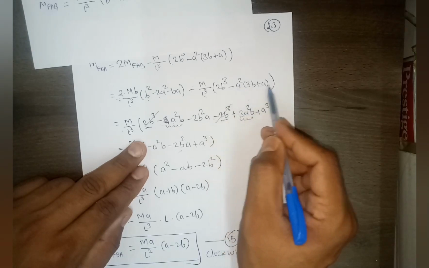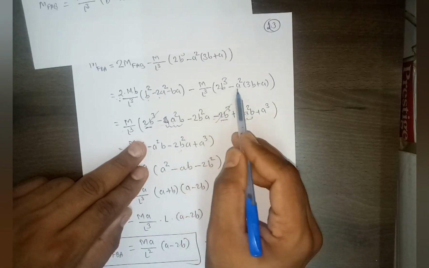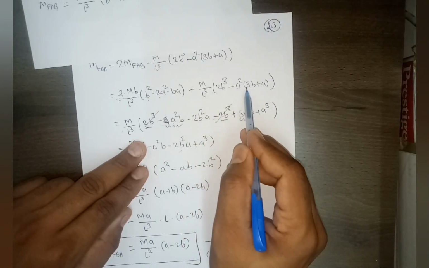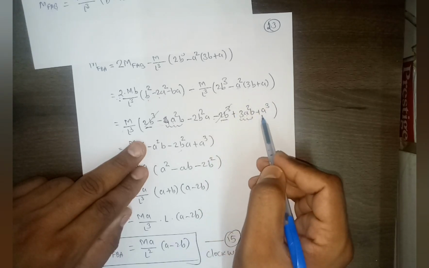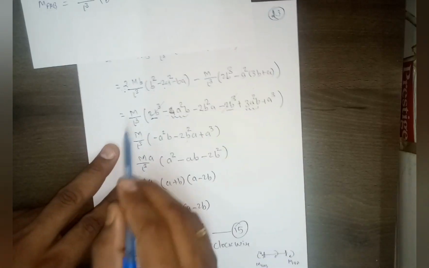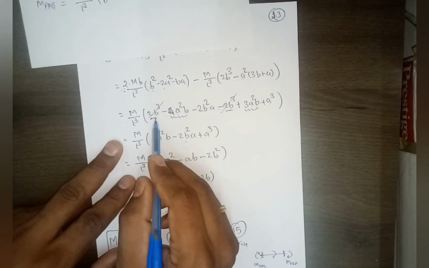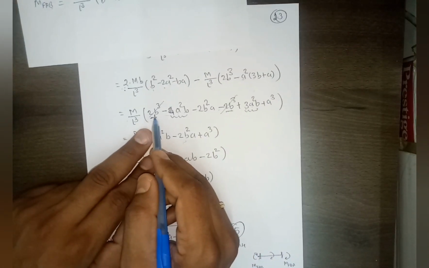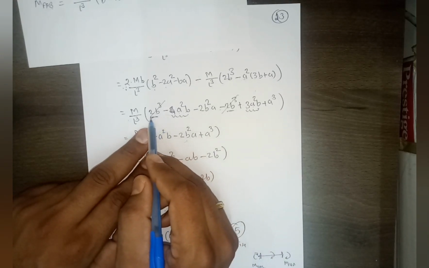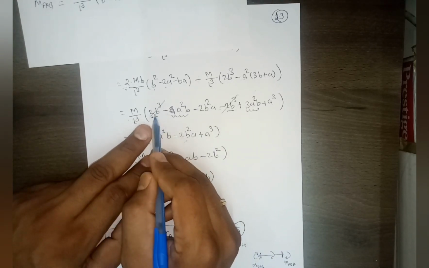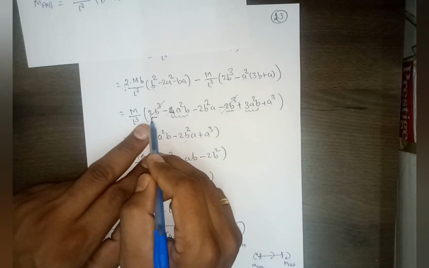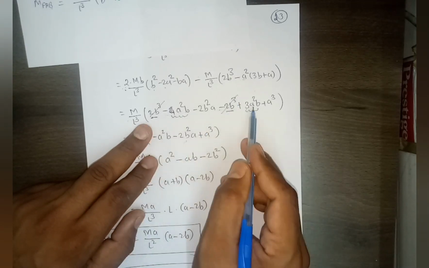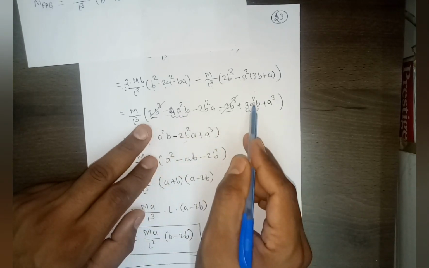And then plus a square will be multiplied inside. So if you multiply plus a square, it will be 3a square b and plus 3a cube. So this is what we get. Now we will add or subtract similar power terms. So this 2b cube, and here we get minus 2b cube, so they'll get cancelled. Here a square b term, here a square b term.